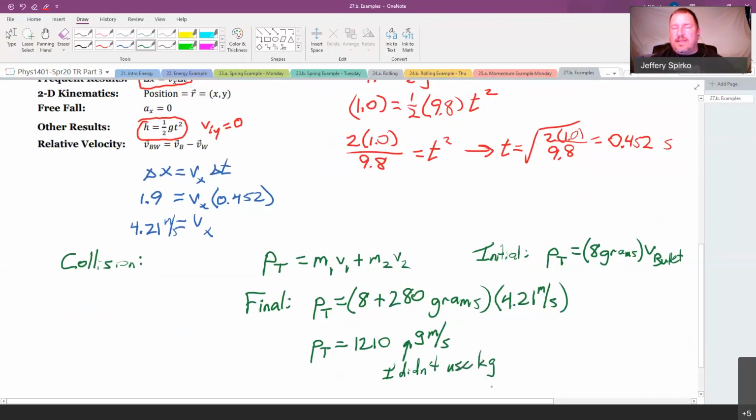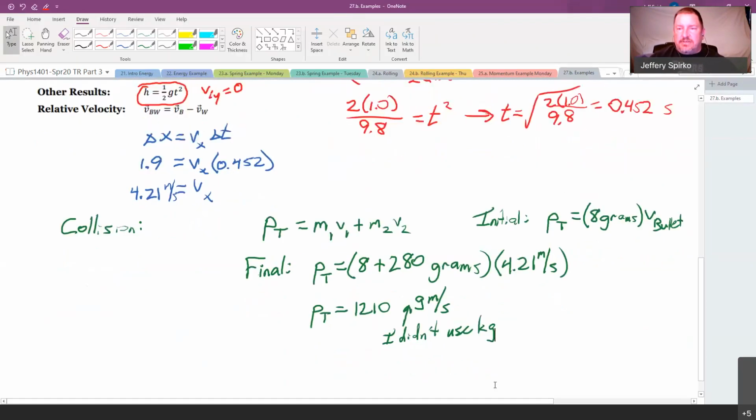And I want to point out that I didn't use kilograms here. I don't have to use kilograms because I'm relating a mass times velocity in grams to a mass times velocity where the mass is in grams. So there's no sense of converting to kilograms to give myself awkward numbers, just to have to convert back to grams again to do this division.